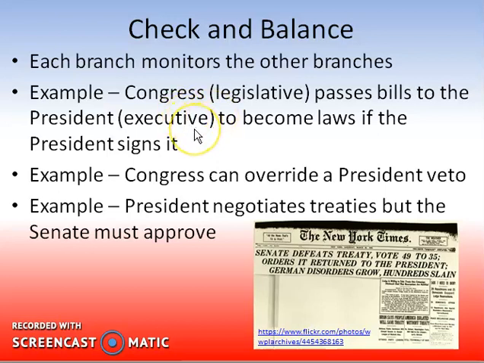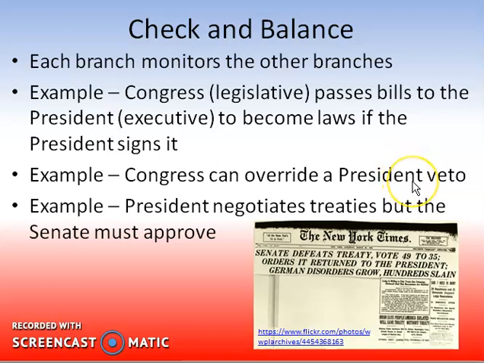Now, the president might not like the bill. There are bills that come to the president's desk that they think are not true to what the American people want. Maybe they don't like the way it's written. It could be something that would be hard to enforce. It could have a lot of extra words that people might not understand. It also could have a lot of money attached to it. And so what the president can do is veto it.